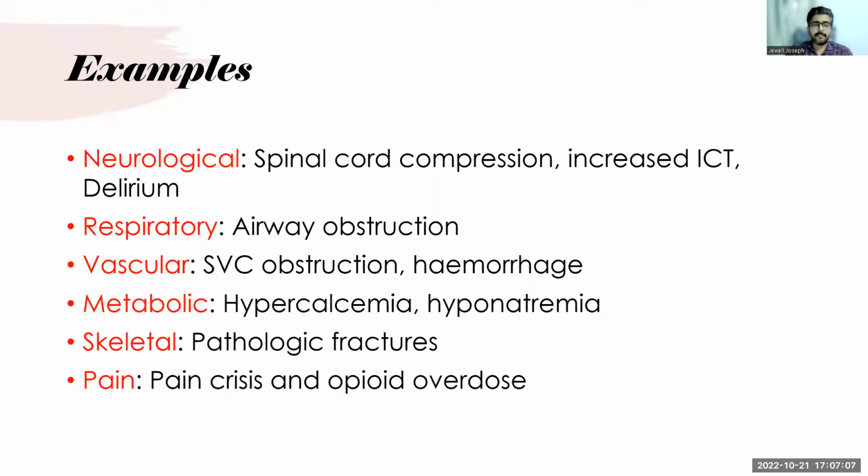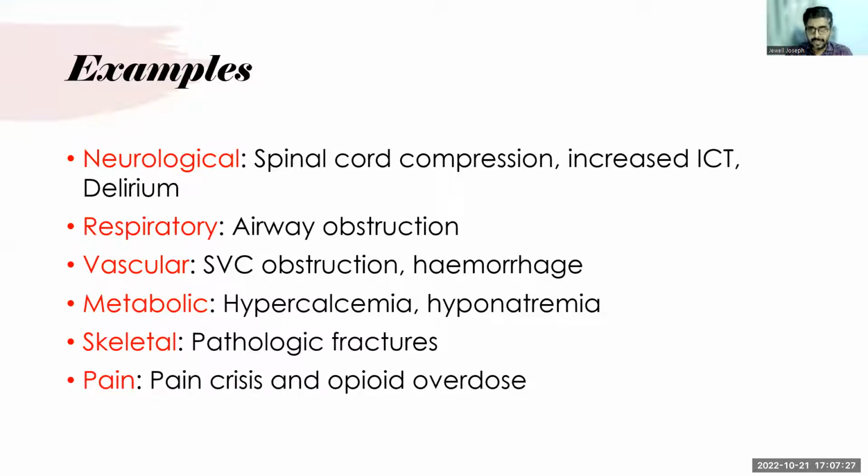So emergencies, as I mentioned earlier, any medical emergency can occur in palliative care. I have just broadly classified them based on the system. In the neurological system, the main emergencies that we deal with are spinal cord compression, increased intracranial tension and delirium.